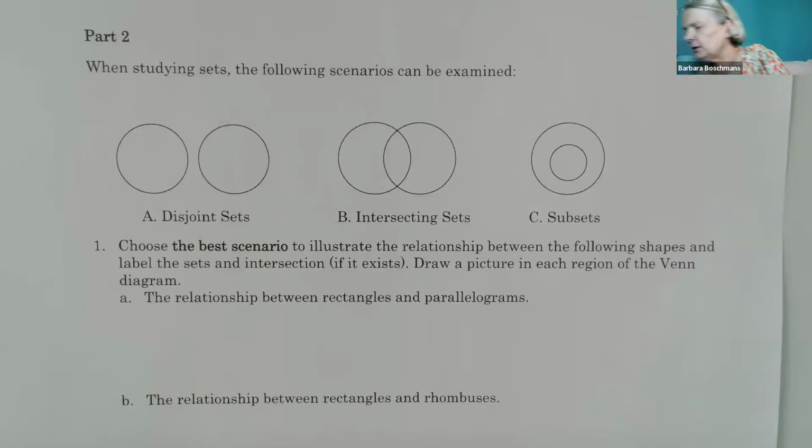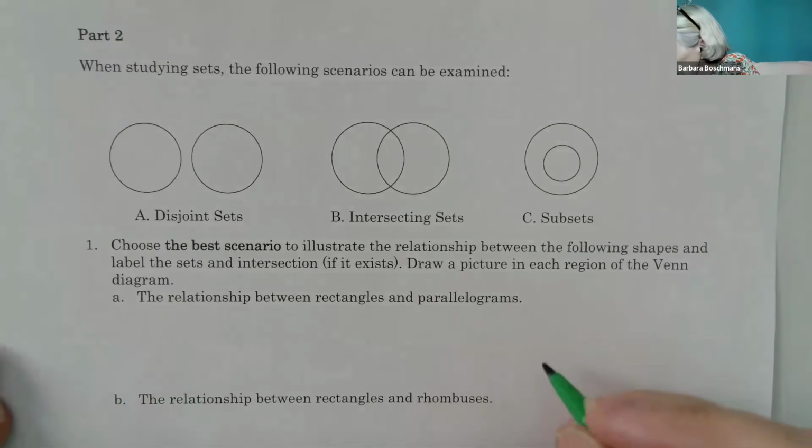For part 2, we're going to look at those three scenarios again: disjoint sets, intersecting sets, and subsets, just like we did with triangles. A asks about the relationship between rectangles and parallelograms. If we think about our definitions, a rectangle is a parallelogram with a right angle. That right there is a subset.